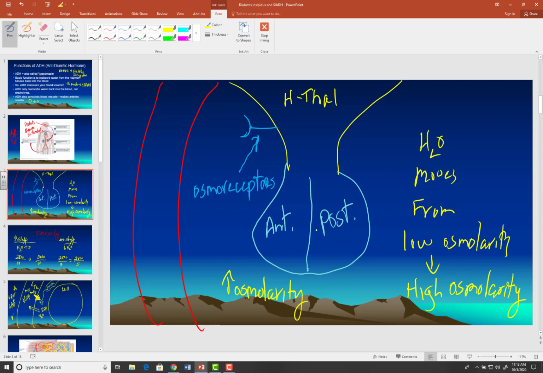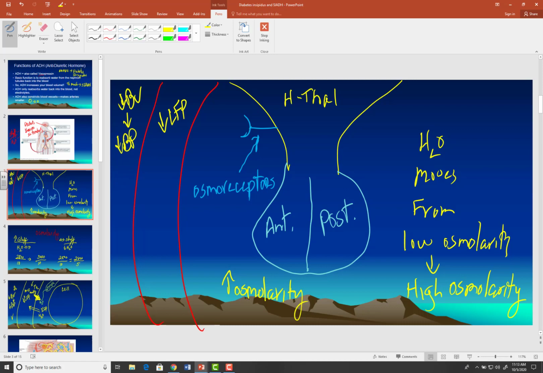So let's say that you're bleeding. If you're bleeding, that's going to cause a drop in blood volume. And what did I tell you? If there's a drop in blood volume, there's going to be a drop in blood pressure. And if there's a drop in blood pressure, then there's going to be a drop in capillary fluid pressure, right?